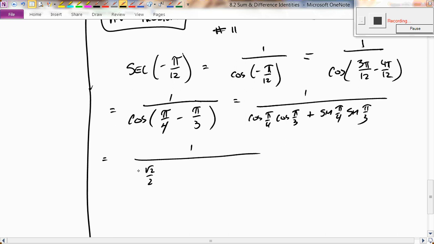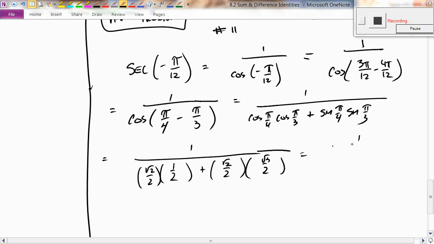Root 2 over 2, correct. What is the cosine of pi over 3? 1/2, very good. Plus, what's the sine of pi over 4? Very good. Root 2 over 2. What is the sine of pi over 3? Root 3 over 2. Now we're getting somewhere.